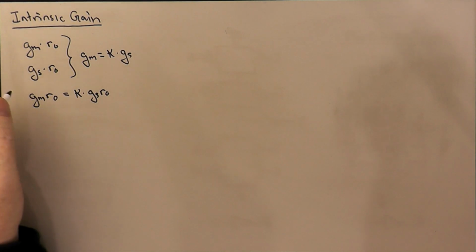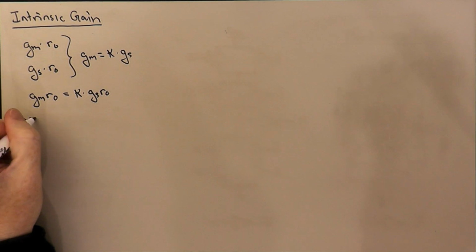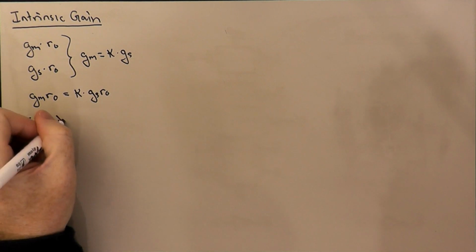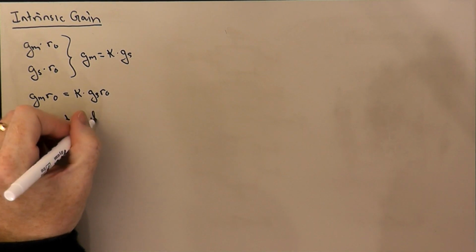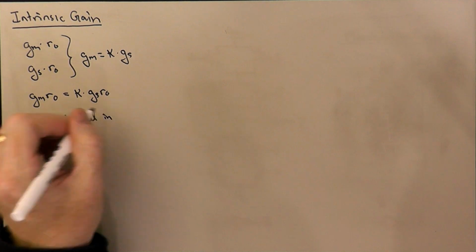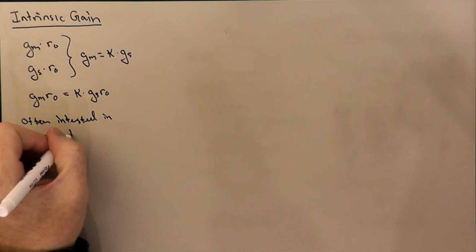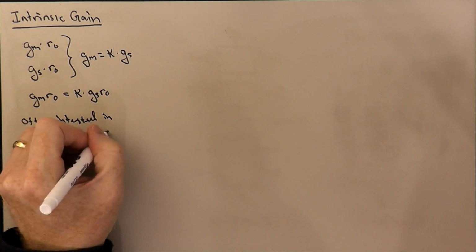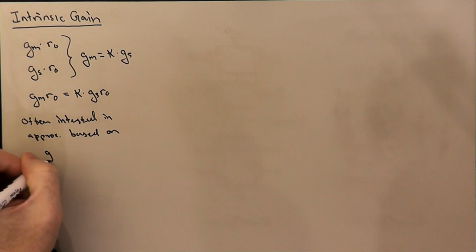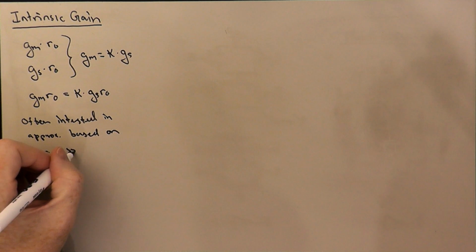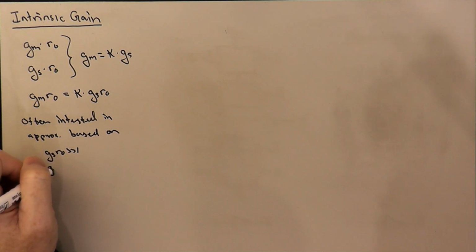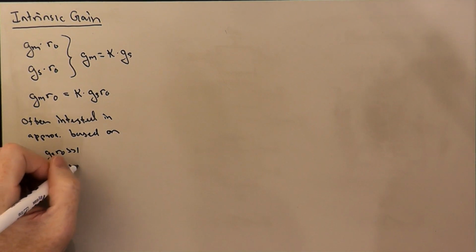So we'll often be interested in making approximations based on the idea that GS RO is much bigger than 1, or GM RO is much bigger than 1.